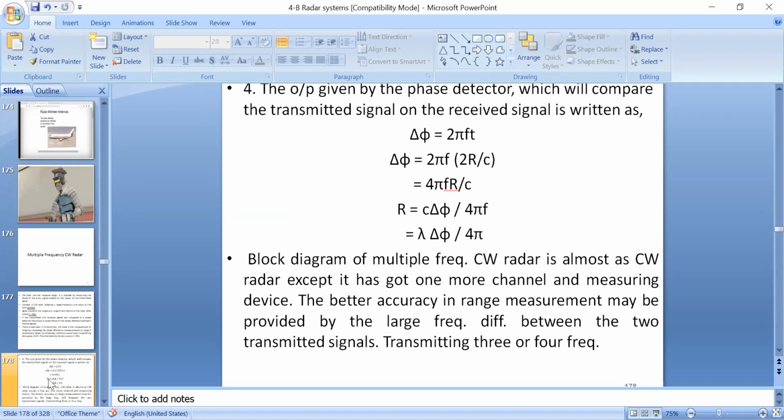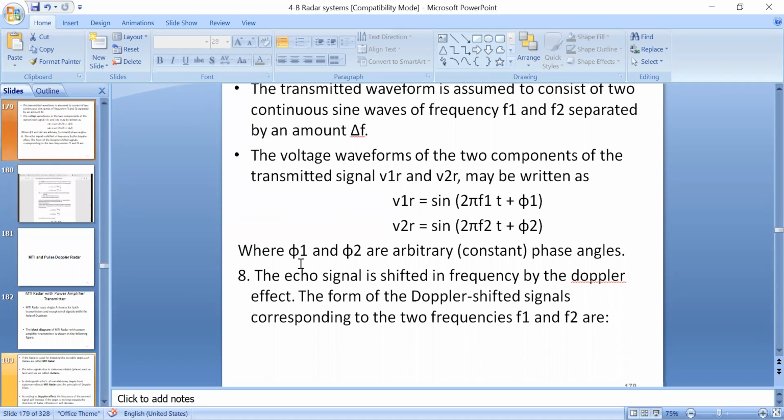And this part explains it. These are the two waveforms, in this case multiple frequencies. We have considered two frequencies with voltages V1R and V2R, and frequencies F1 and F2, which are transmitted towards the moving target, and the received echoes are expected with a Doppler shift, right?